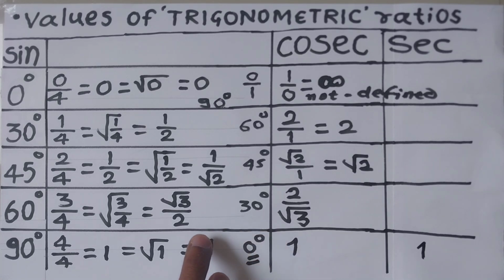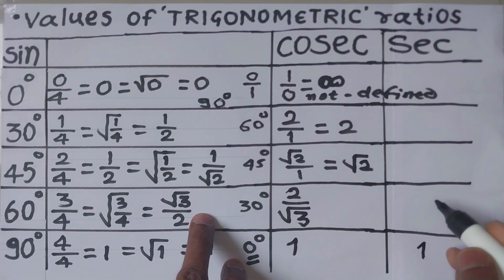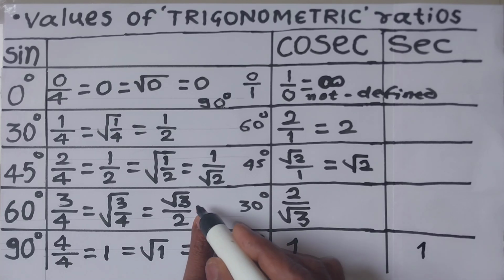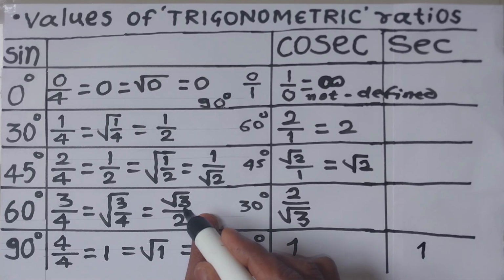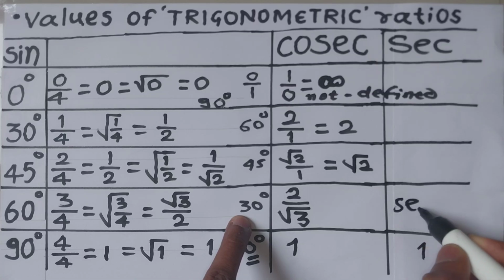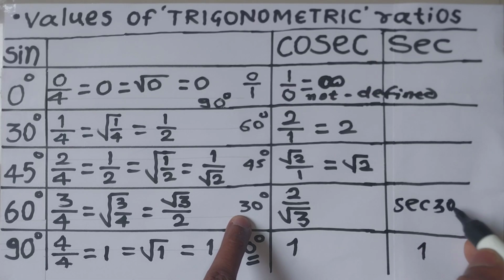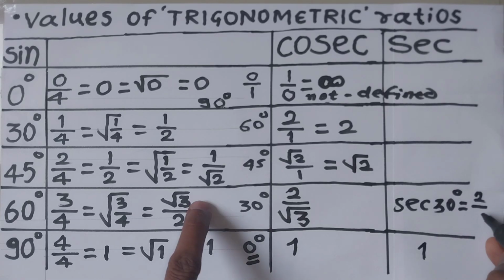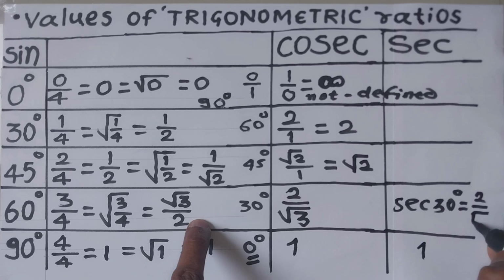Now here, the value of cos 30 is root 3 upon 2. Sec 30 degree means the multiplicative inverse of root 3 upon 2, that is 2 upon root 3.